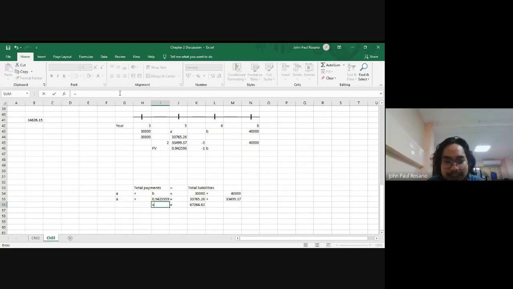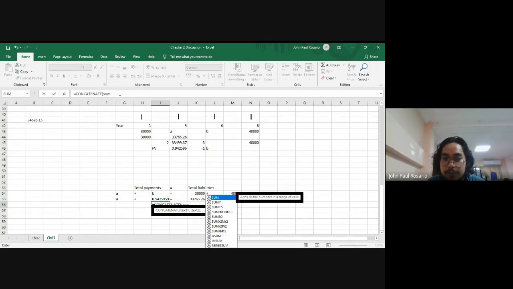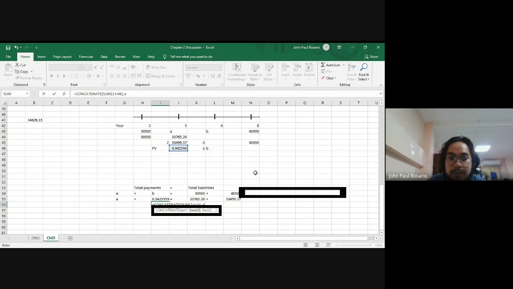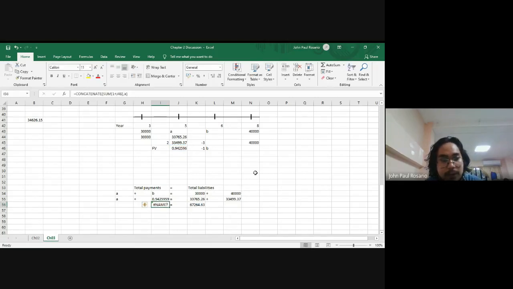So, it's equal to the sum of, the value of A is 1 plus this one, and then A.